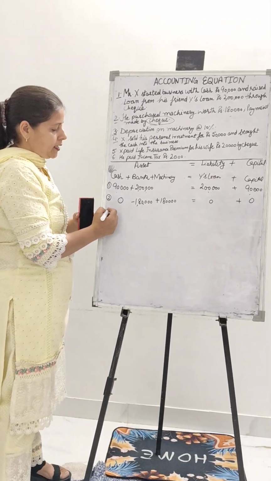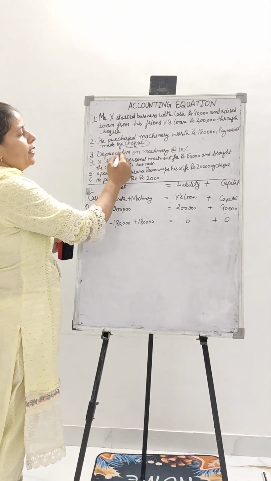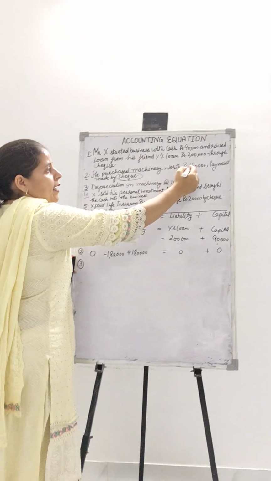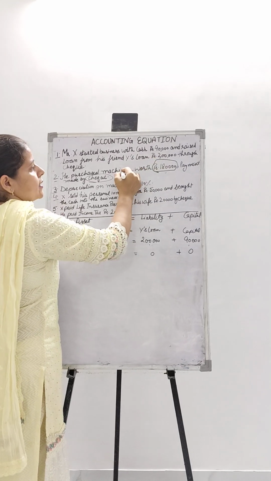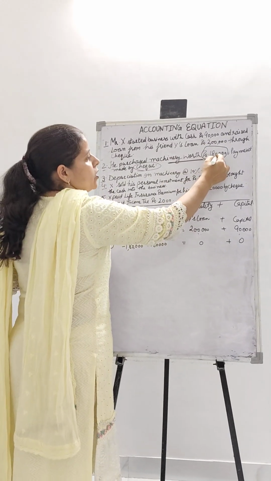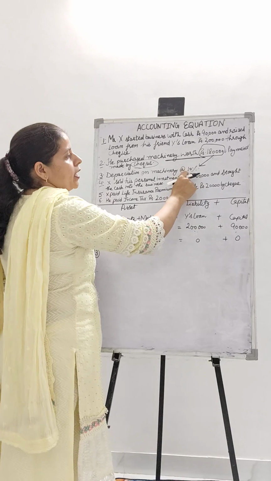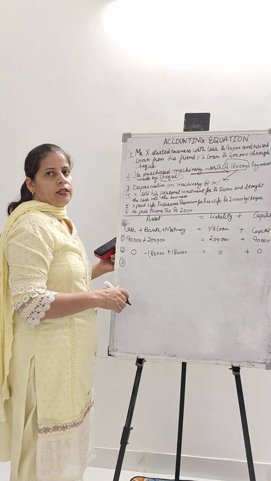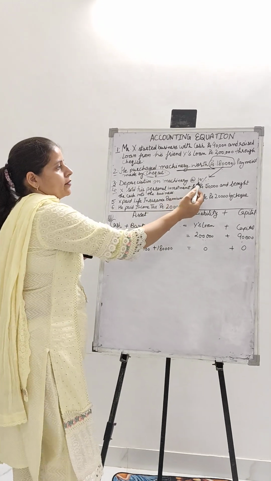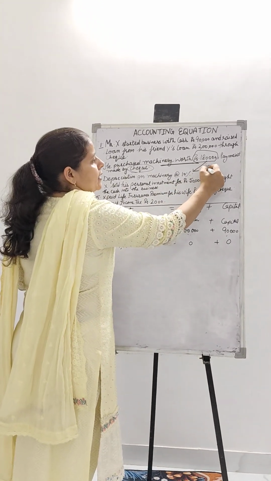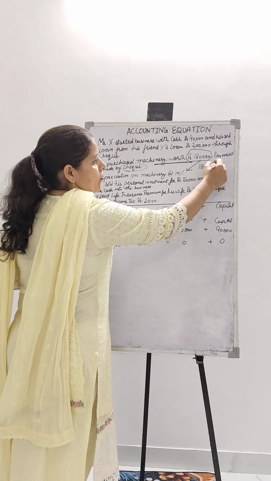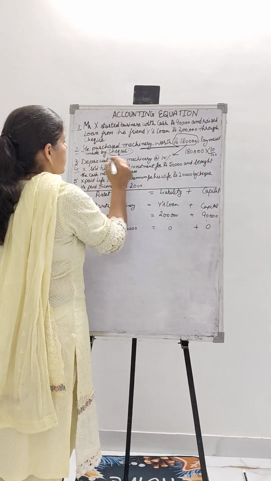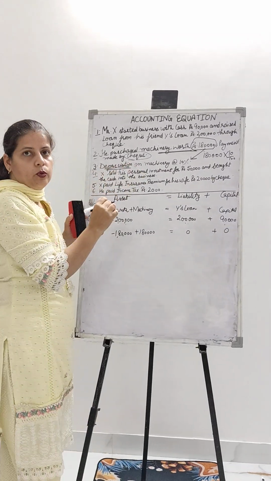Now the next point is here. Third point, depreciation on machinery at the rate of 10%. 1 lakh 80,000 was the worth of machinery, which we need to depreciate at the rate of 10%. 10% is reduction in the machinery due to usage.